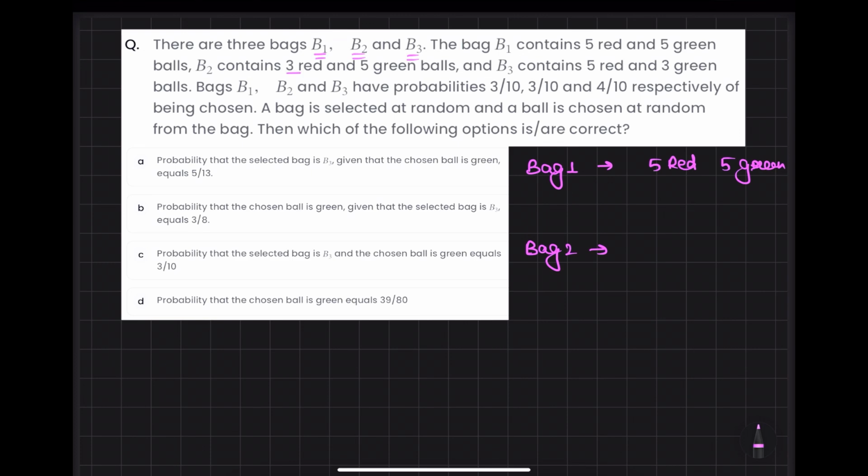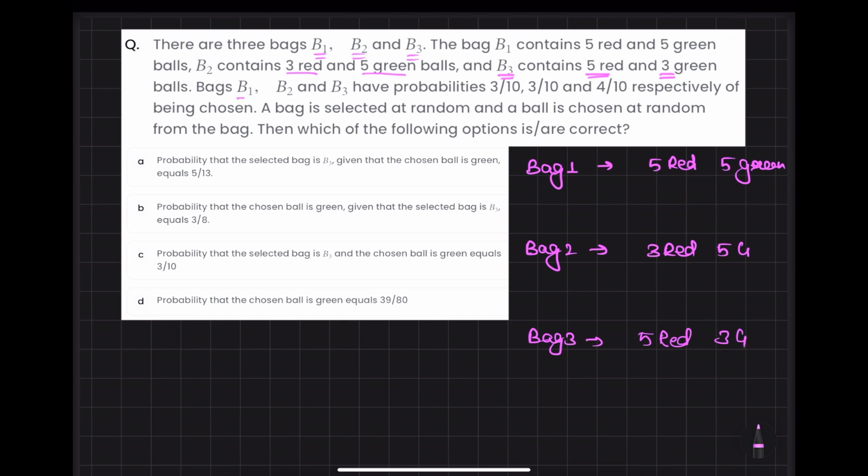Bag 2 contains 3 red, 5 green. Bag 3 contains 5 red and 3 green balls.